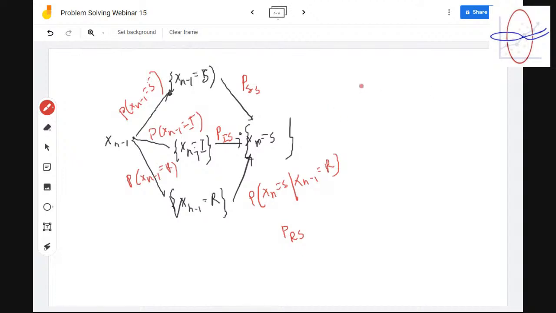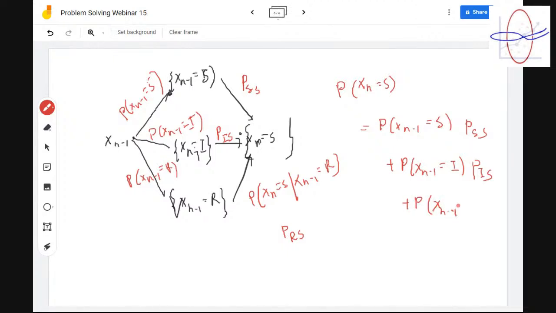So what we are getting is probability X_n is equal to S, which comes out to be probability X_{n-1} is equal to S into P_SS plus probability X_{n-1} is equal to I into P_IS plus probability X_{n-1} is equal to R into P_RS.